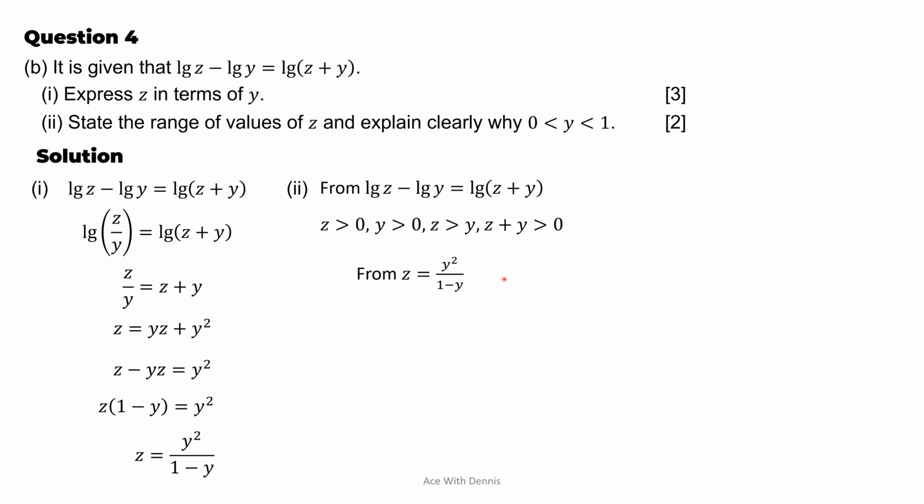From the equation that we got just now, z equals y squared over 1 minus y, we can see that y squared is a positive value. Since z must be greater than 0, 1 minus y must be greater than 0 as well. Therefore, y is less than 1. Therefore, the range of y is from 0 to 1.